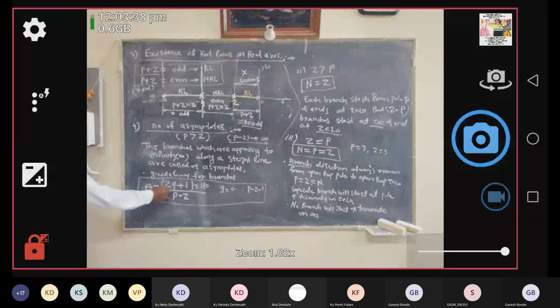In the previous step we have seen the number of asymptotes and their respective angles. So where do these asymptotes meet together? That point is called the centroid. Centroid is the point where all the asymptotes meet together. Therefore, you just write down the definition of centroid.